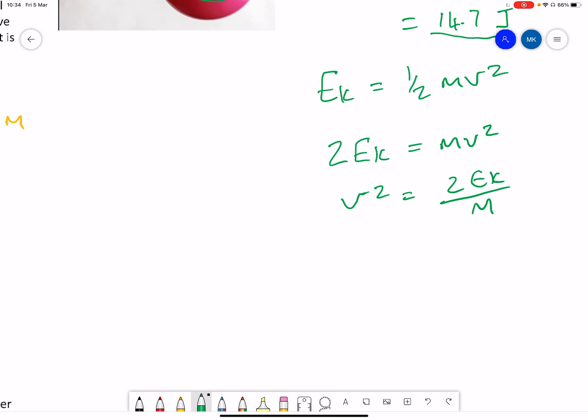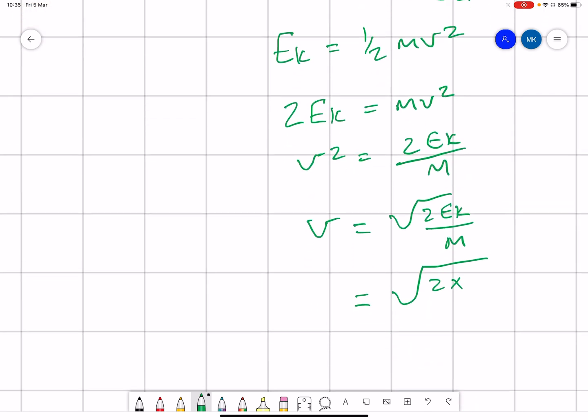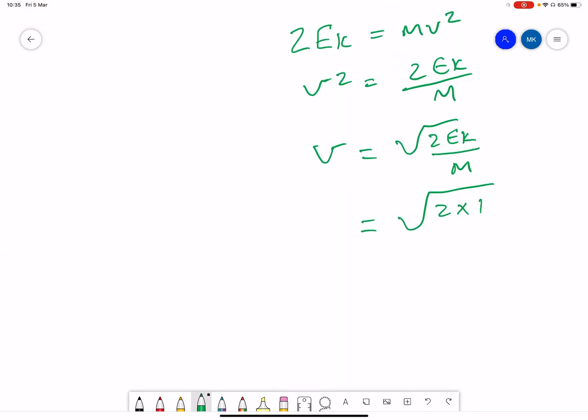Square root both sides, so v equals the square root of 2EK over m. Let's plug in our numbers. The square root of 2 times the energy, which was 14.7, all divided by m, the mass, which was 0.5 kilograms.